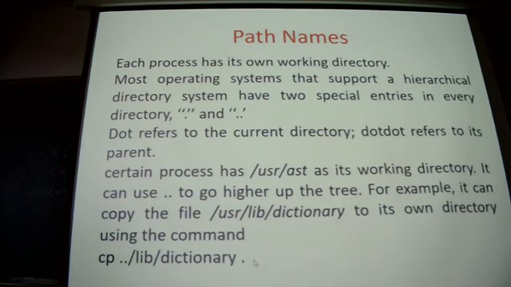So I just said that dot means the current directory. We also know that the working directory also means the current directory. It is USR AST. So this dot can be replaced by which one?